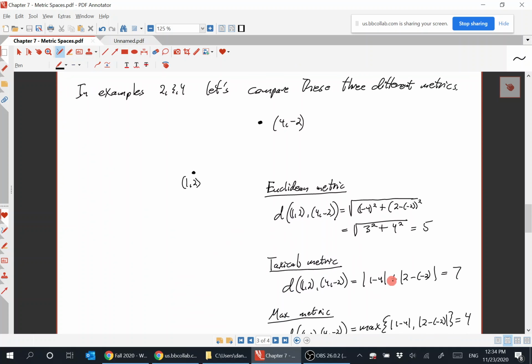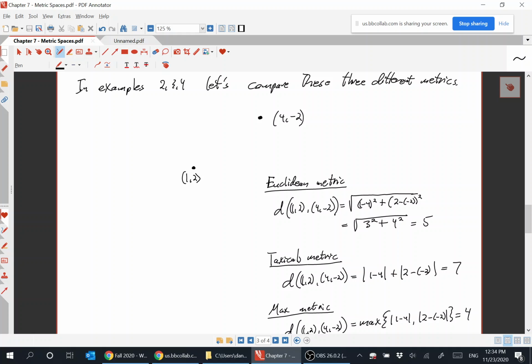So here's an example of those 3 metrics in action. I've got these 2 points, 1, 2, and 4, negative 2. In the Euclidean metric, let's draw a triangle here. This length is the difference in the x coordinates.